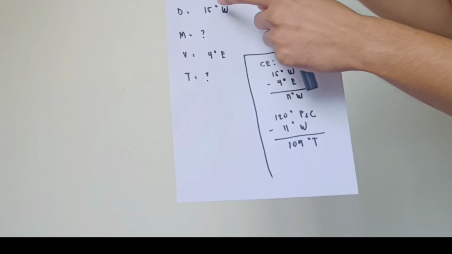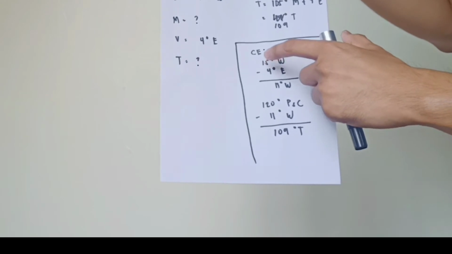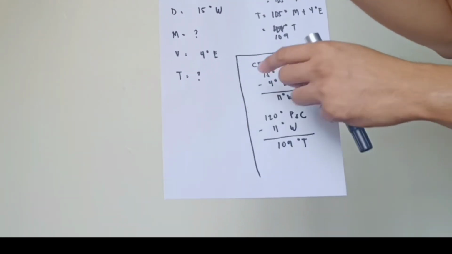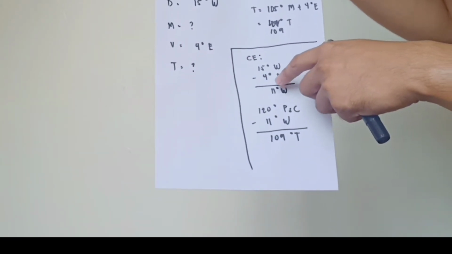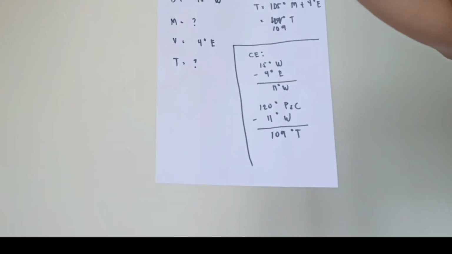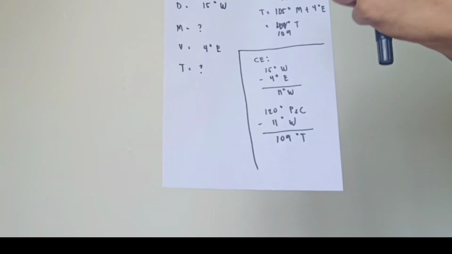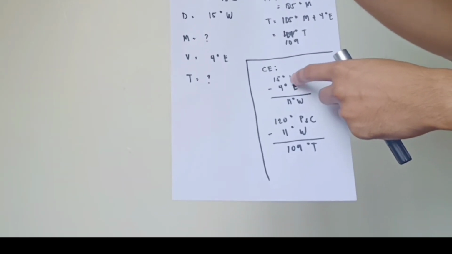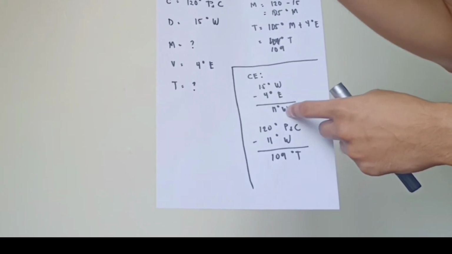For this problem, 15 degrees west has the higher value, so it goes on top, and the variation is 4 degrees east. Since it has a different or opposite direction, we subtract it. So 15 minus 4 is 11 west.